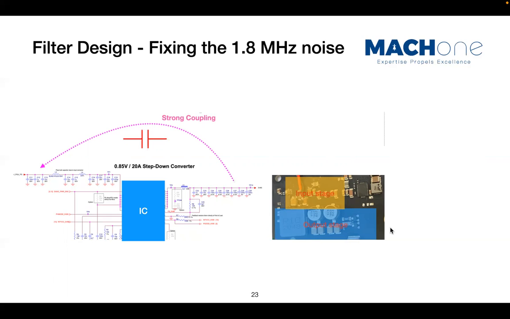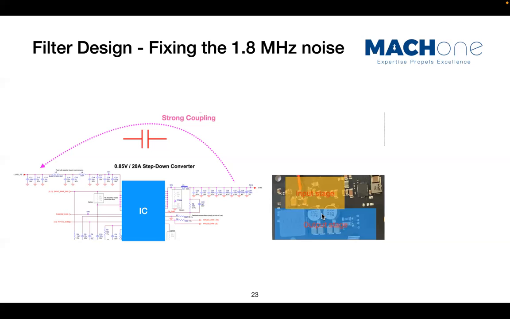Well, in the case of the 1.8 megahertz noise, what we saw is, right? I highlighted here, this is an input stage filter, in this yellow shade here. This blue shade outlines the output stage filter. And if you notice, these two are placed on the layout in parallel.